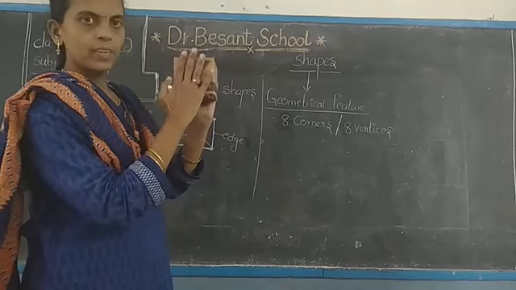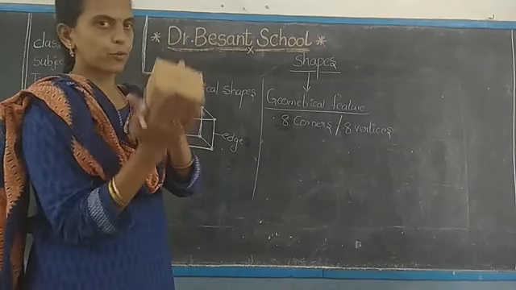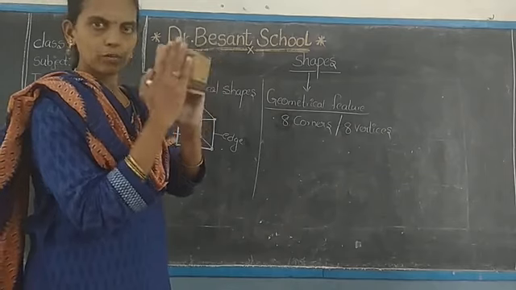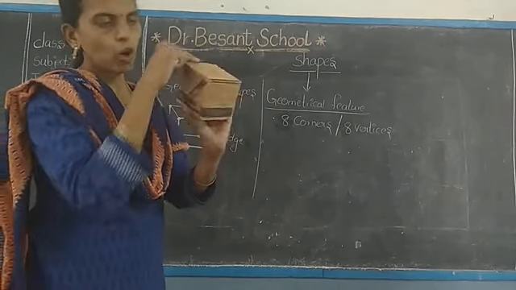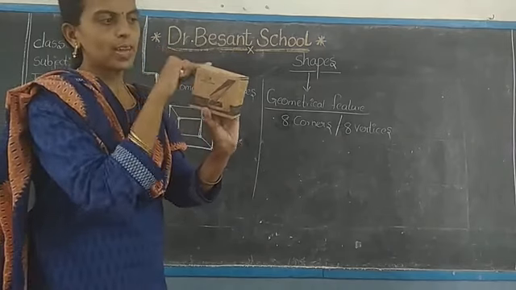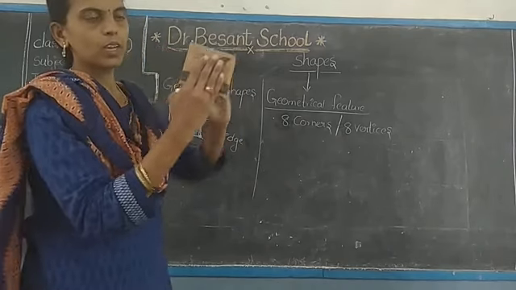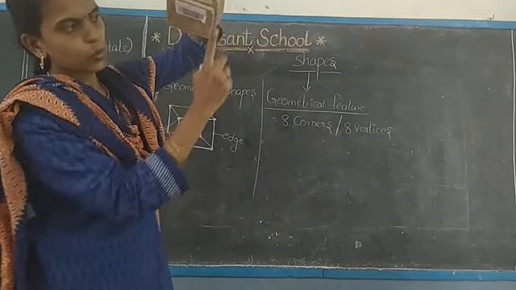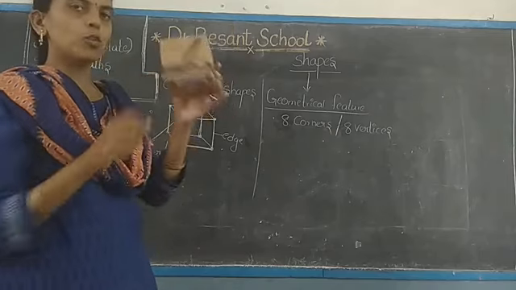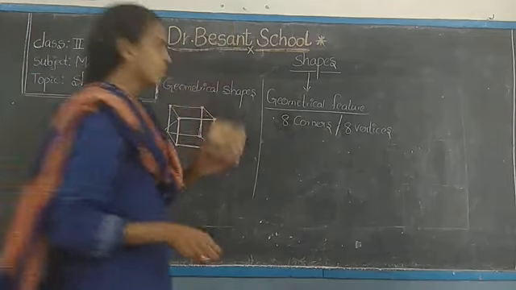So this side 4 and back side 4, front and back 4, 4, 8. Now see here at the top 9, 10. Now count the bottom 11, 12. So a cube has 12 edges.